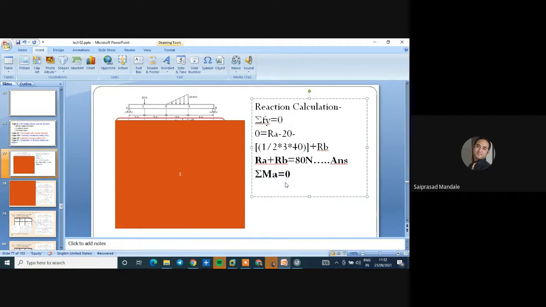Then tell me the equation. Whatever answer you have given is like this: summation of Fy is equal to 0. I have written some equation and then from it I withdrew one equation. Now summation of moment at A is equal to 0. Then tell me the equation for moment about A.